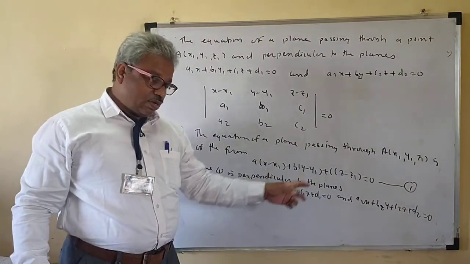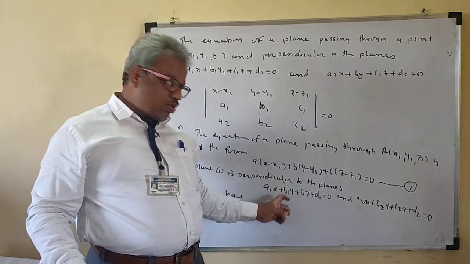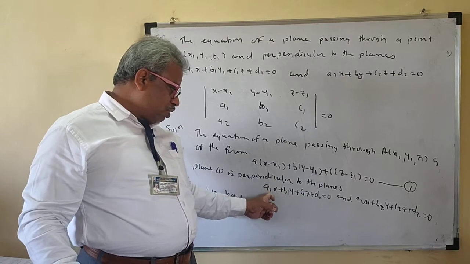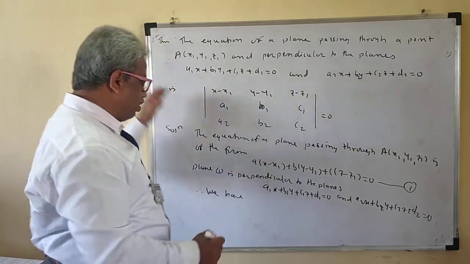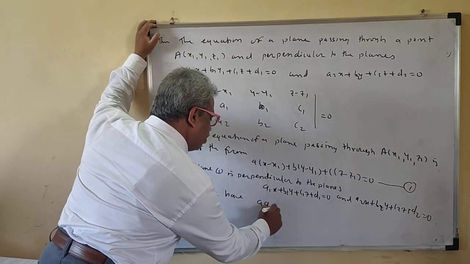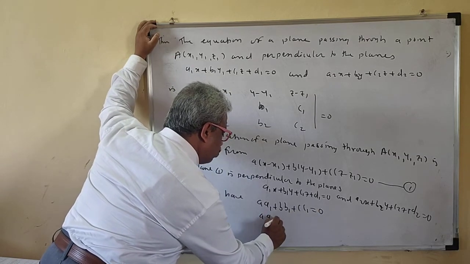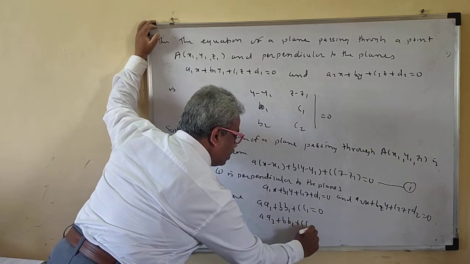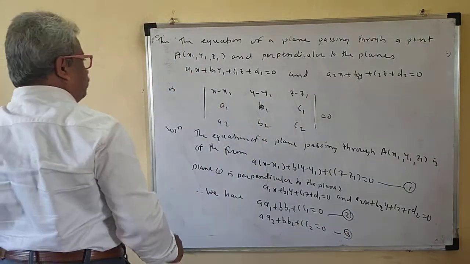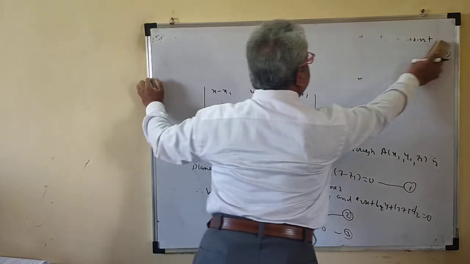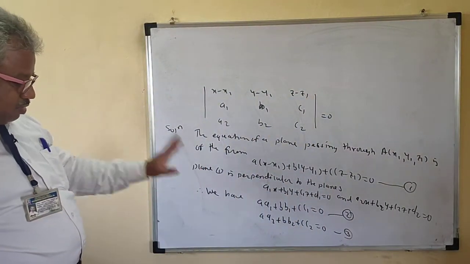So therefore we have the planes perpendicular. Direction ratios of the normal to the plane 1 are a, b, c, and the direction ratios of the normal to the other plane are a1, b1, c1. So planes are perpendicular means normals are also perpendicular. So what we have: a a1 plus b b1 plus c c1 is equal to 0, a a2 plus b b2 plus c c2 is equal to 0. I will call this 2. I will call this 3. Okay. So now I want to eliminate a, b, c from 1, 2, 3.